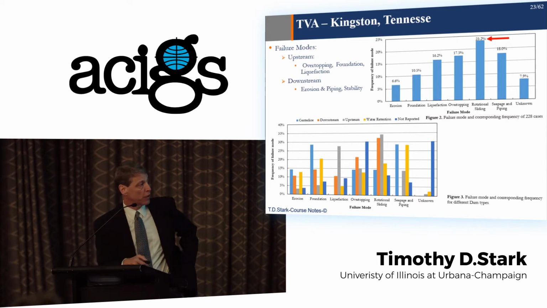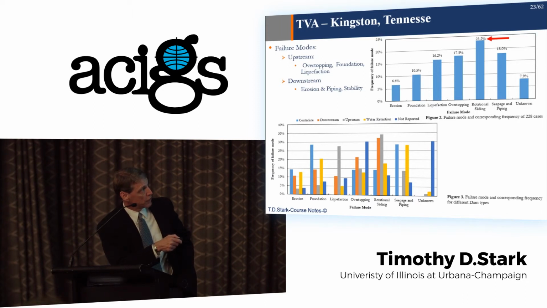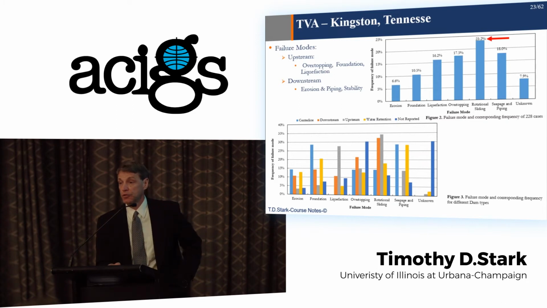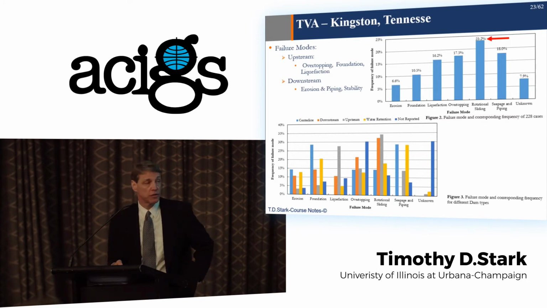So you can see, depending on those modes, here's rotational sliding, or basically slope instability. You can see upstream is a problem, downstream is almost the same amount. So you need to check upstream and downstream stability of the tailings structure.